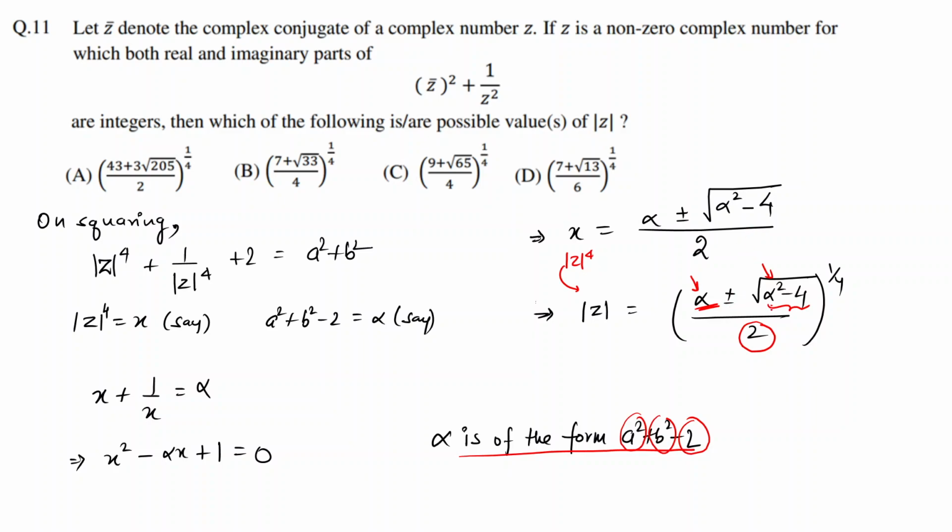So these are all integers. So how can we get these 4s here and 6 here?